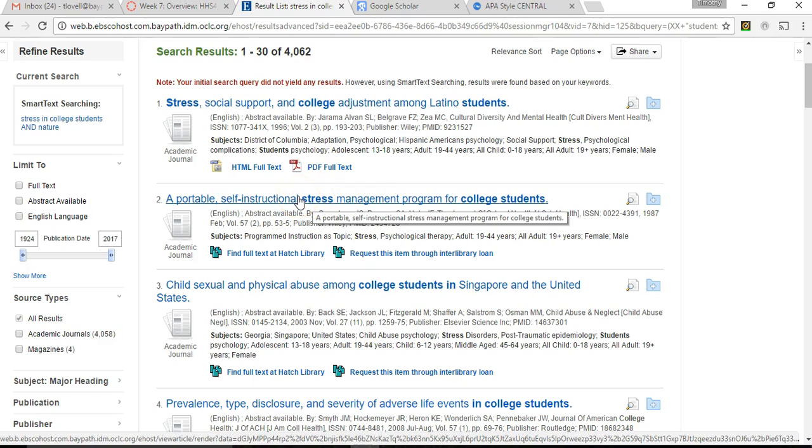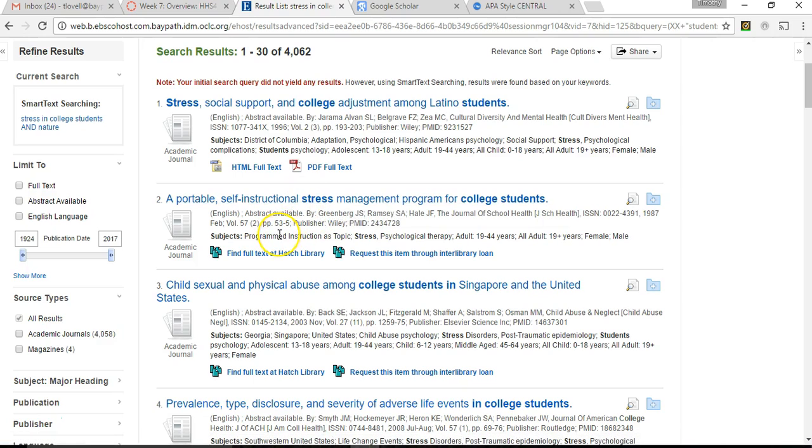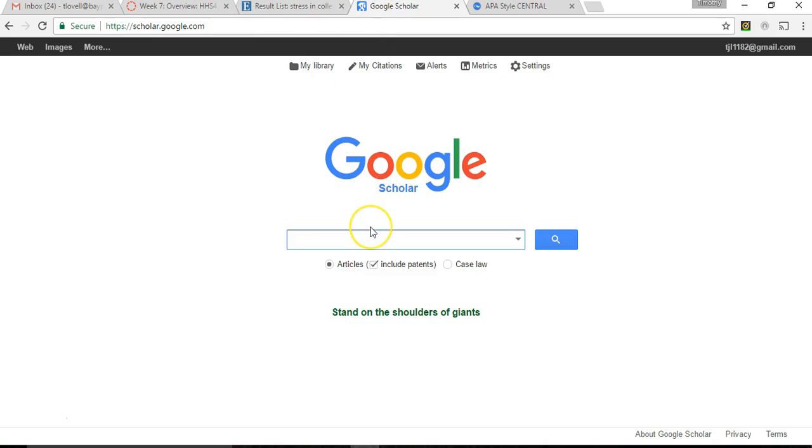So a lot of times if I find an article and I read the abstract and it's really, really good, but I can't access the article through Hatch, I'll copy and paste the title into Google Scholar. And every now and then you'll get lucky and you'll find a free source right through here. Or you can just start your search right in Google Scholar and see what comes up. So it's a fairly reliable source. Just always make sure that what you're looking at is credible.